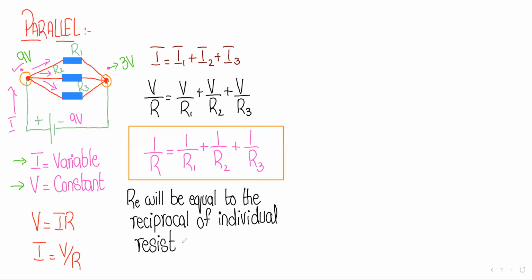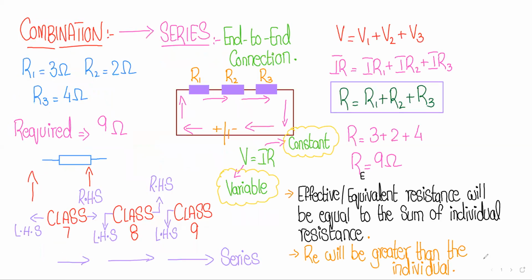Another interesting thing: if we are using the same values of the previous resistors, what is the value of the smallest resistor? 2 ohms, right? Yes, 2 ohms is the smallest value. So when we combine these resistors in a parallel combination, we will get a final or equivalent resistance less than 2 ohms, right?